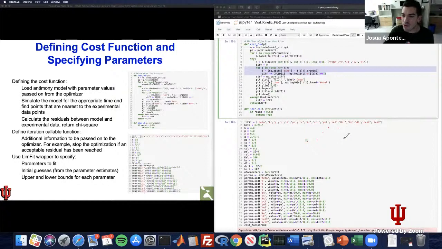It's kind of like an approximation of the viral load curve, I don't know. And my experimental data looks like this. The model, depending on how many points I simulate it for, might produce points that might or might not match the same times that my experimental data was collected.